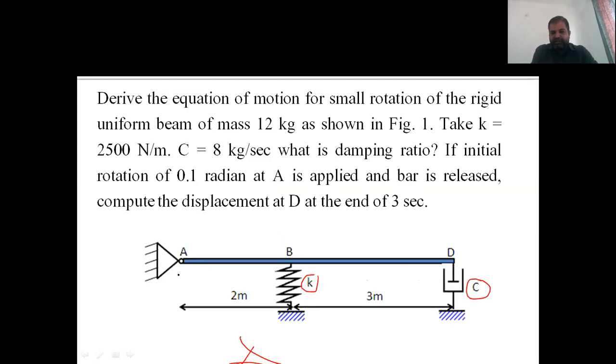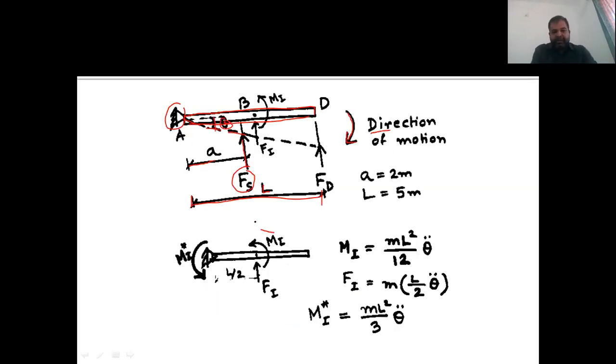You can see here 2 meter is given, which is nothing but the distance A. The second force is the damping force FD, which will be acting at a distance L from point A.